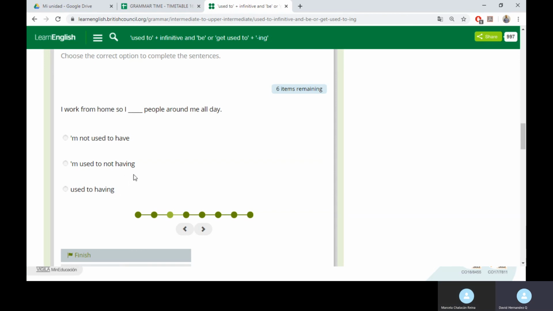That's a good reasoning. So we only have these two options. In and the second, the negative structure is with use, and the correct is with the verb to be. Yes.